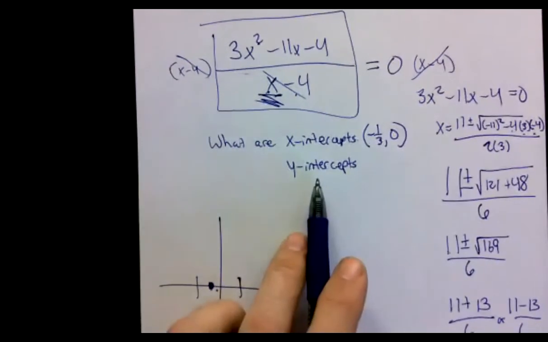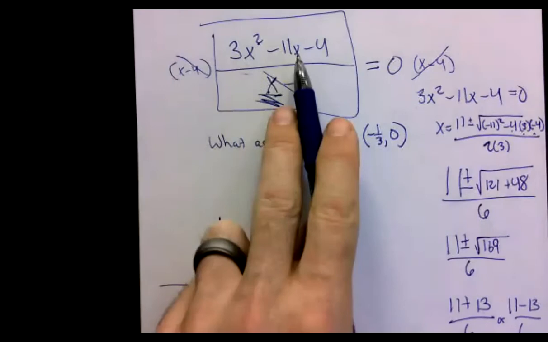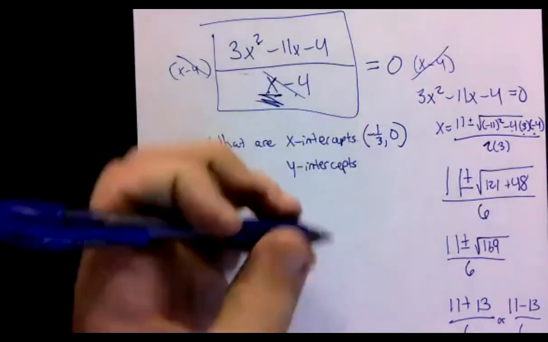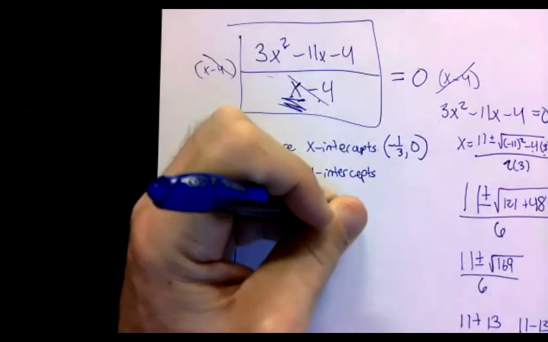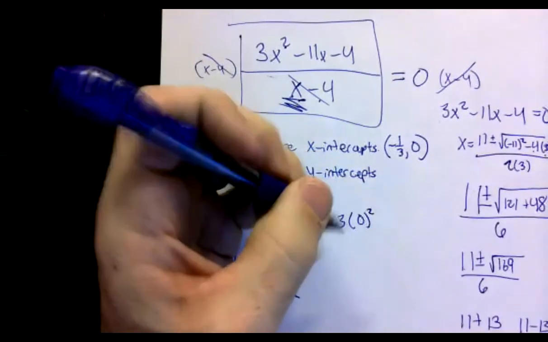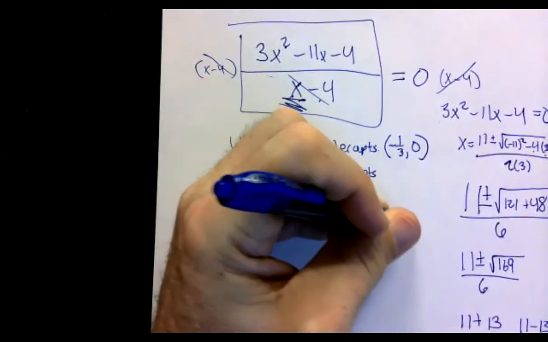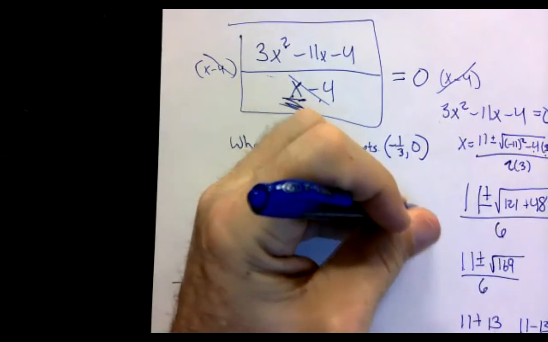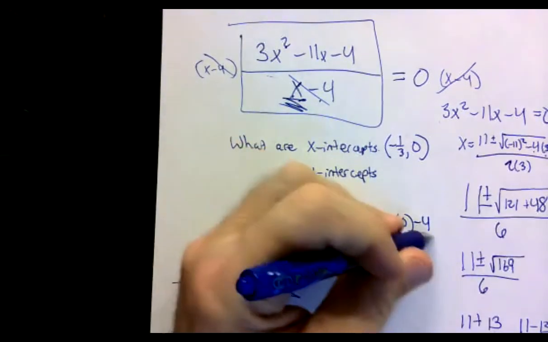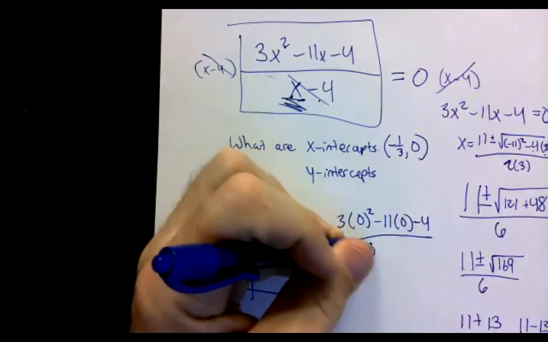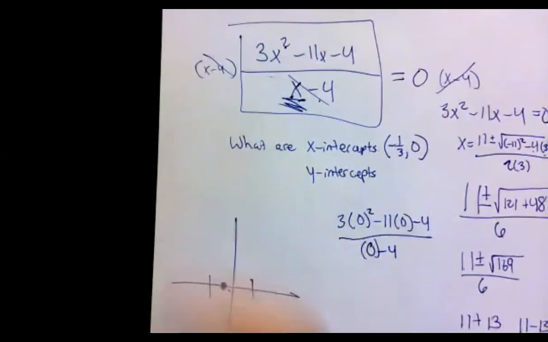Okay, the y-intercepts are actually easier to find. You're just going to plug 0 in for all of your x's. So we'll do 3 times 0 squared minus 11 times 0 minus 4, all over 0 minus 4.